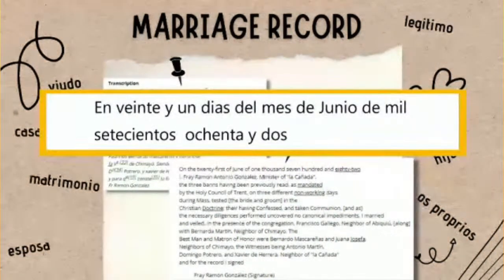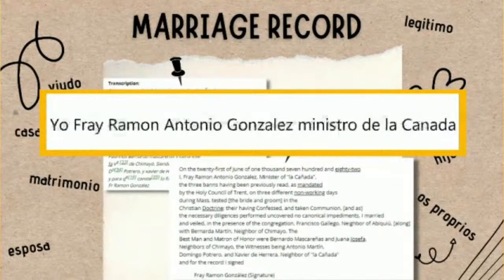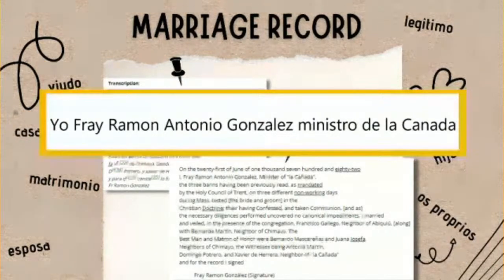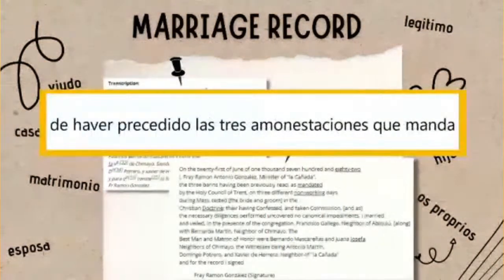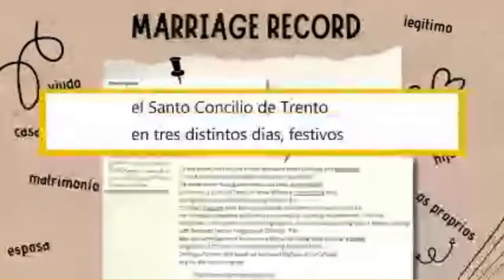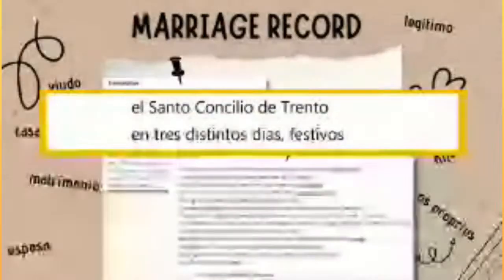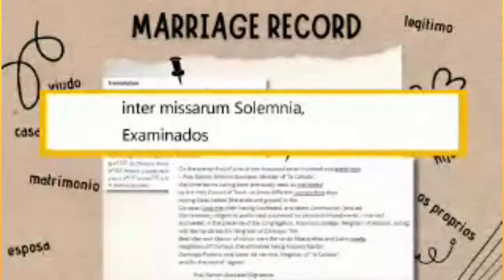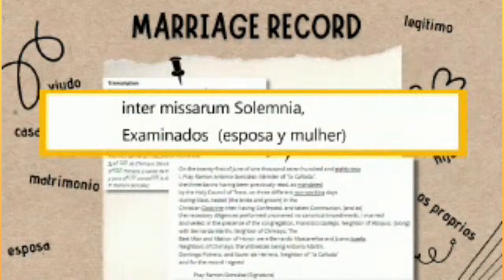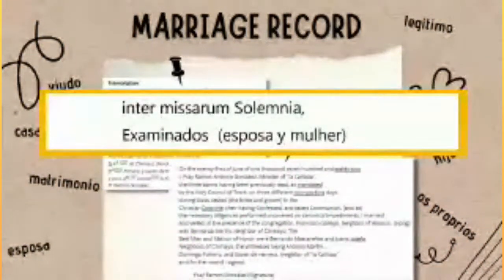On the 21st of June of 1782, I, Fray Ramon Antonio Gonzalez, minister of La Cañada, the three bands having been previously read as mandated by the Holy Council of Trent on 3 different non-working days, during Mass, tested the bride and groom. Notice that it is inferred that it was the bride and groom who were tested, but they did not use the word bride and groom.